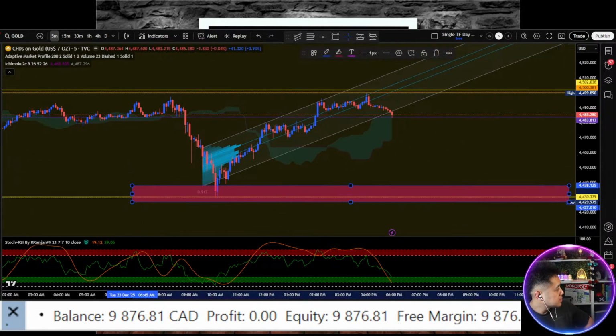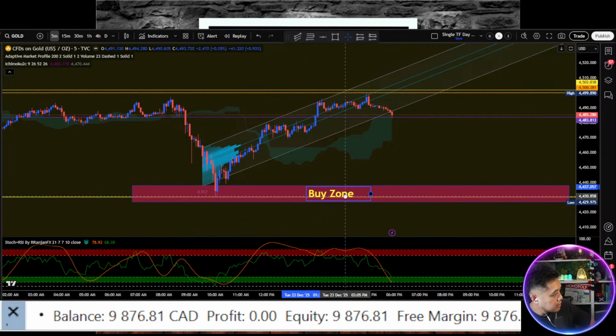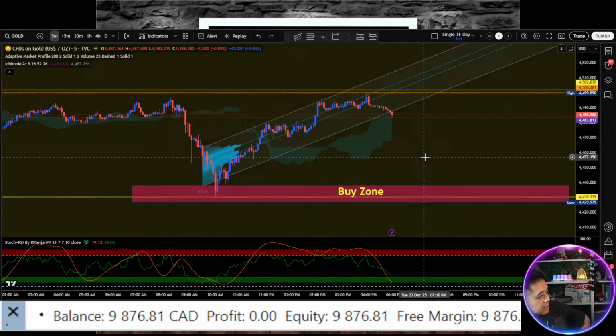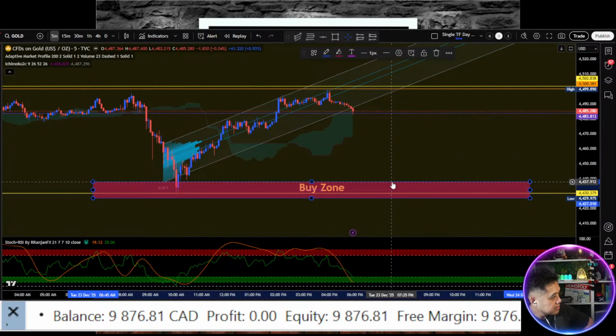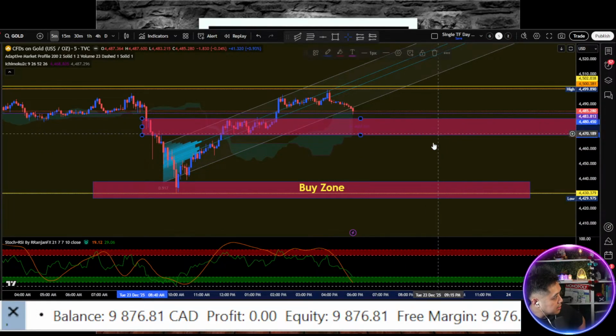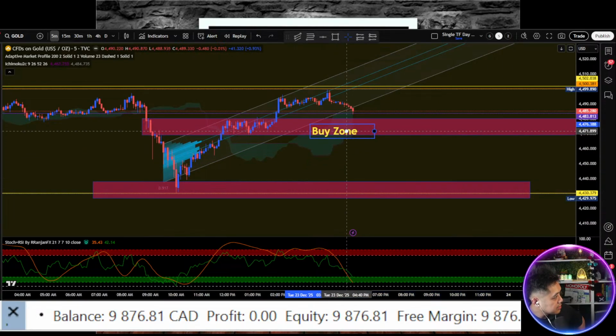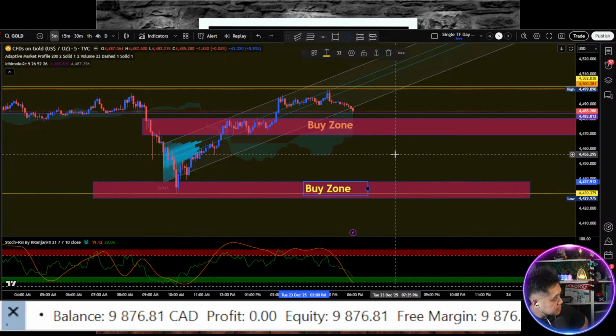Let's add a text in here so it's a little bit easier for you guys. All right. So this is what we're going to be looking for. A buy zone here. And then maybe another buy zone here.